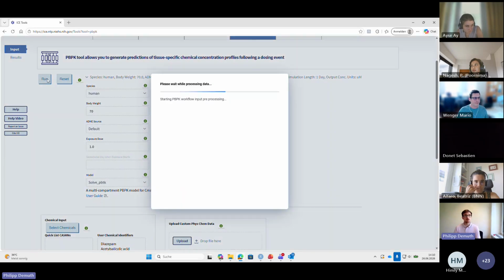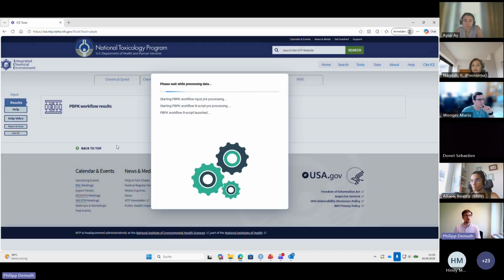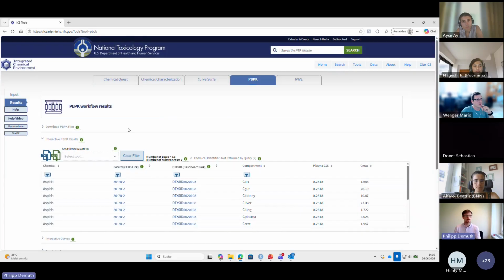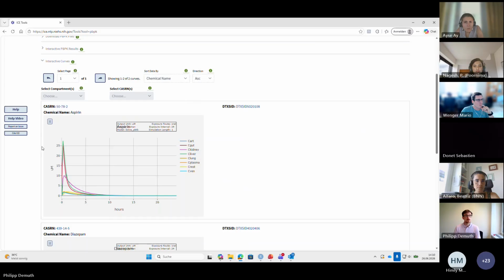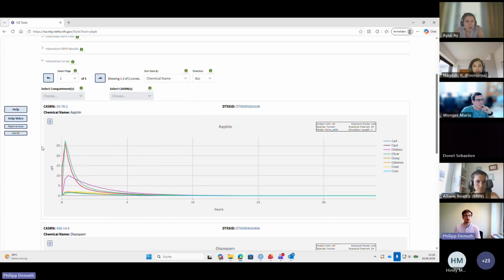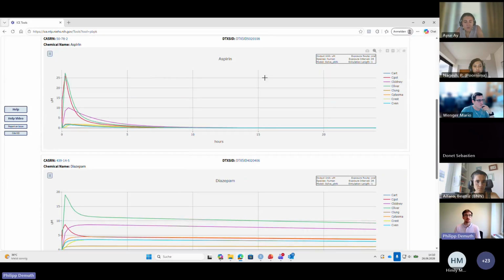So if we now run our model, we get the already mentioned plasma concentration time curves. And here we have for both compounds different curves, depending on the compartment that is applied within the model.